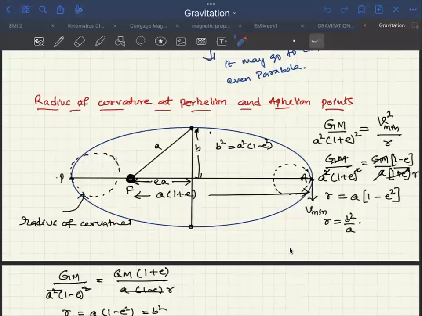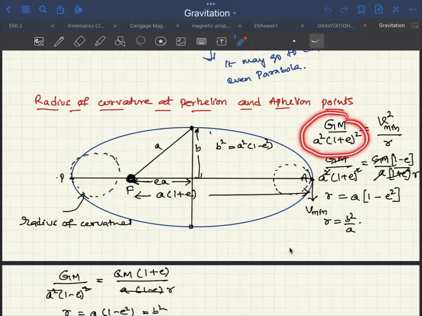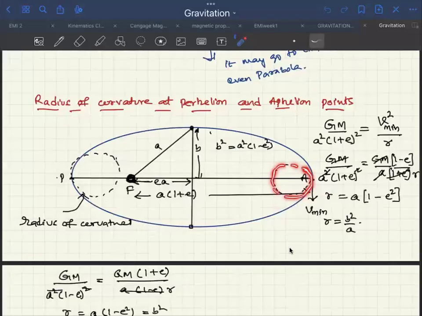See, for example, you take this point A. At this point, what is the force? The gravitational force, G m1 m2 by distance squared. Suppose it is acceleration, or intensity of gravitational field. If that acceleration is just sufficient to make a circular track over here, then it must satisfy the V square by R condition. I have substituted V minimum in that way.